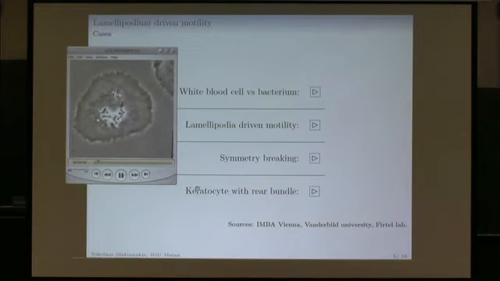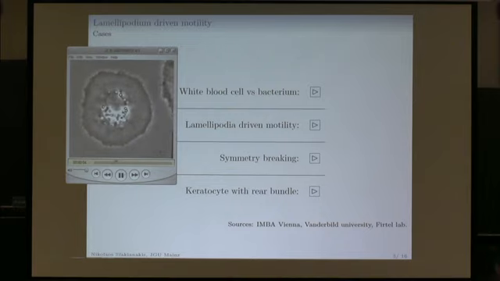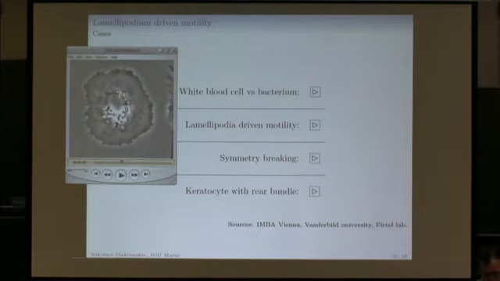Now, how does it work? It works as follows. The cell sits in the middle in this rotationally symmetric case, and adheres to the substrate all around in a rotationally symmetric way. In some sense, it pulls itself the same way from all directions.